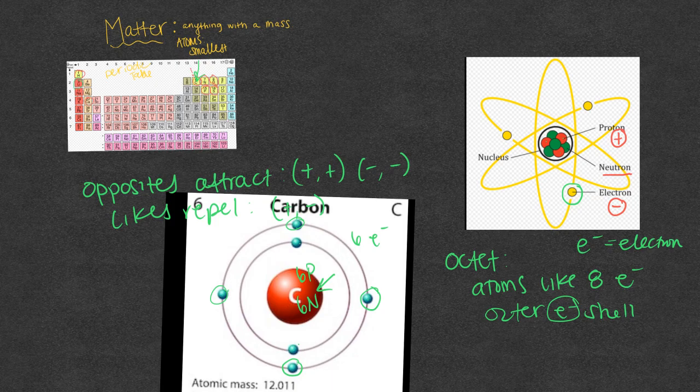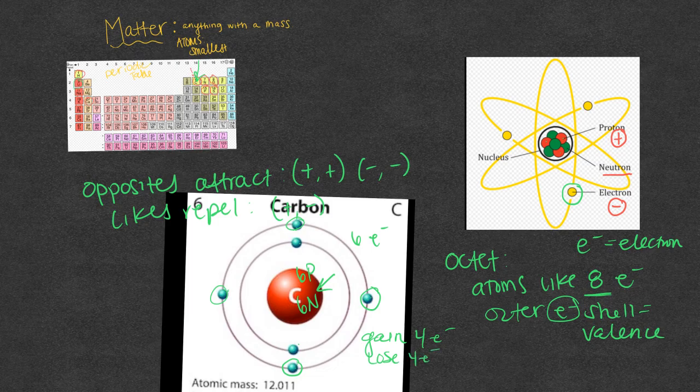The outer electron shell is called the valence shell, and the electrons there are the valence electrons, since they're outermost. And those are the ones that are going to bond. So carbon wants to have 8 electrons to be happy on the outside. It has 4, so it can either gain 4 electrons or lose 4 electrons.